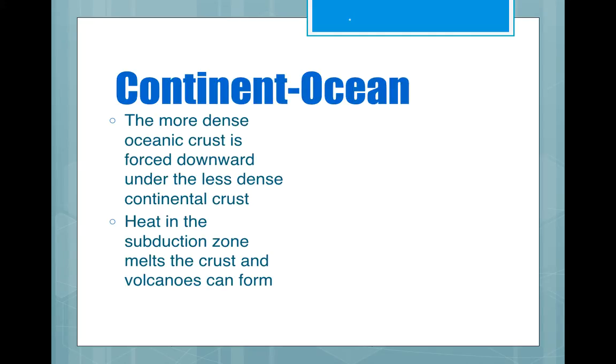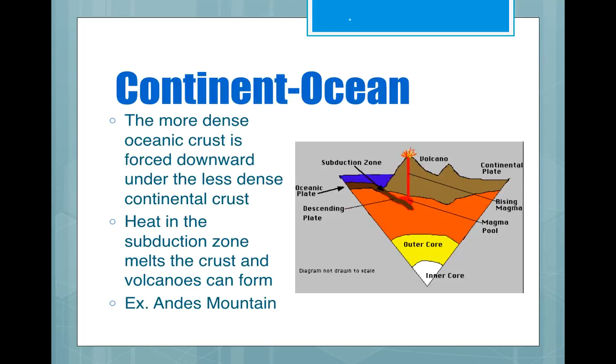And that melted rock then sneaks through cracks in the ocean and forms volcanoes. An example here is off the western coast of South America, where you get the Andes mountain range.